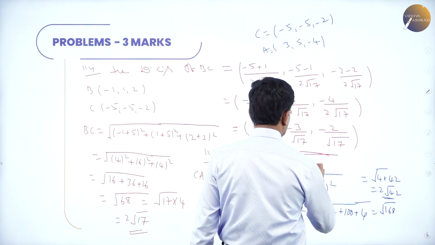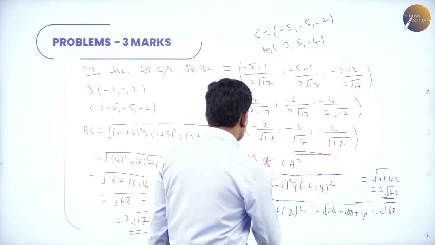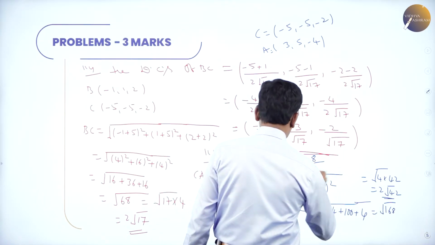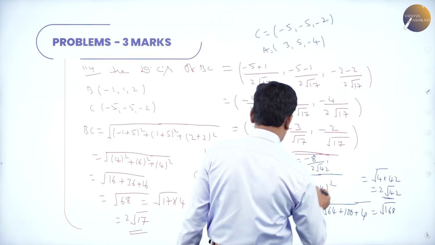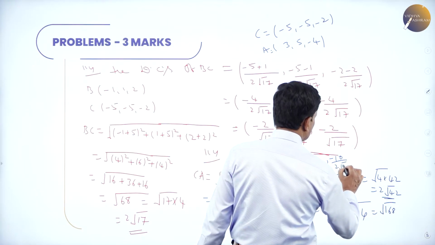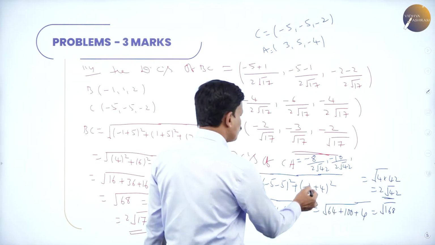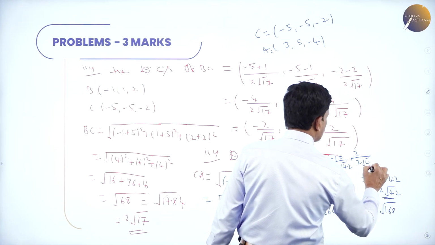So the direction cosines of CA are equal to minus 8 divided by 2 root 42, comma, minus 5 is minus 10 divided by 2 root 42, comma, 4 minus 2 is 2 divided by 2 root 42.